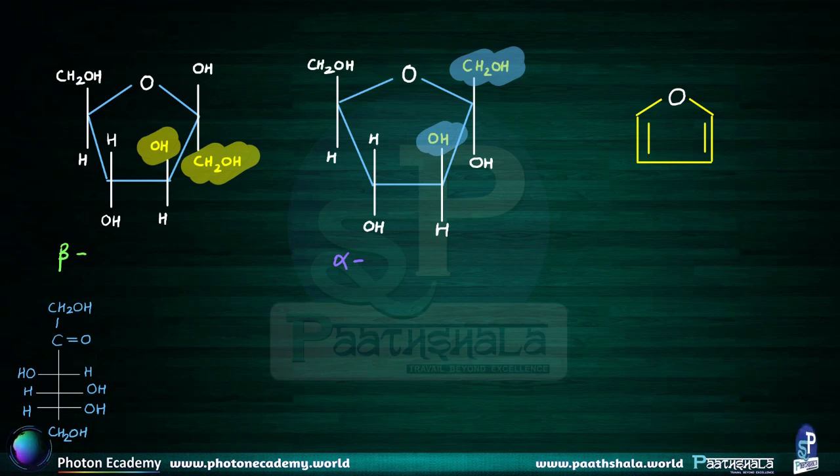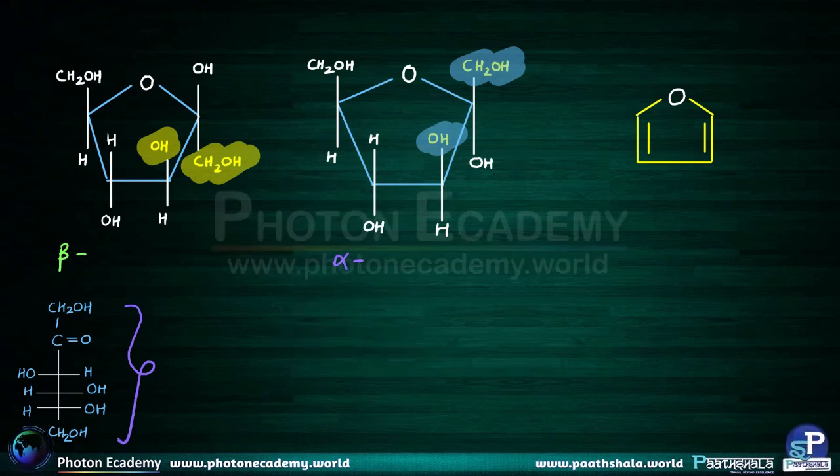Now, let us decide whether fructose is a D or an L configuration carbohydrate. So here we have fructose at this bottom side, and we can clearly see which chiral carbon allows us to see whether the fructose will have a D or an L configuration. It is the last chiral carbon.